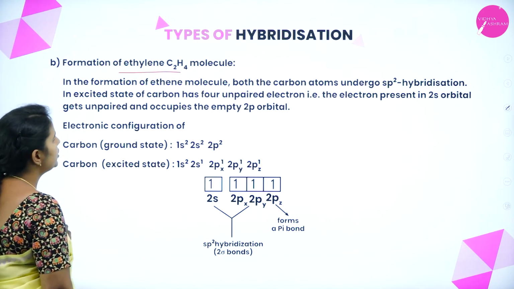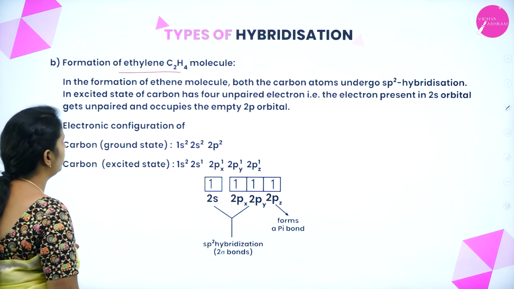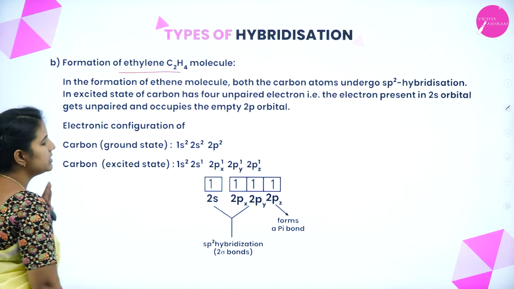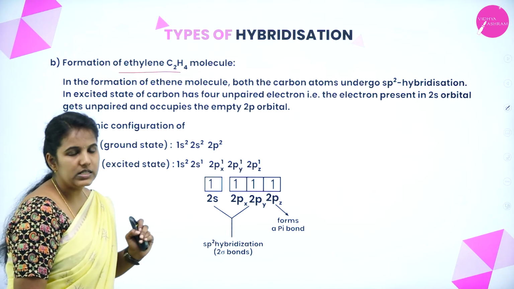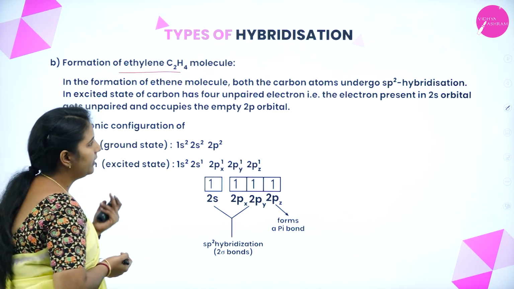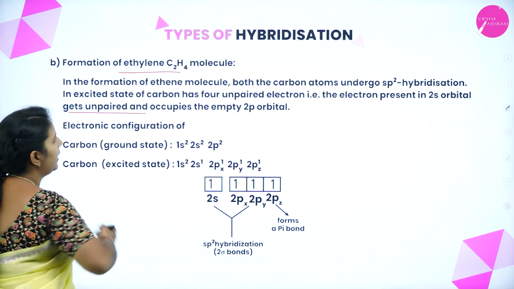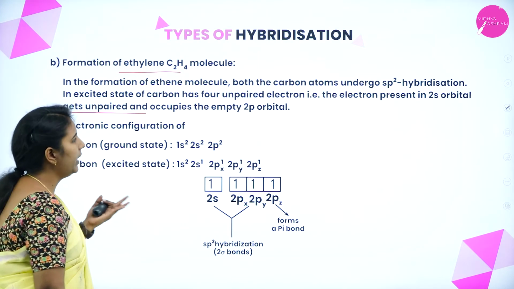In the formation of the ethene molecule, both carbon atoms undergo sp2 hybridization, and each has 4 electrons in its outermost shell that are unpaired. The electrons present in the 2p orbitals get unpaired and occupy the 2p orbitals.